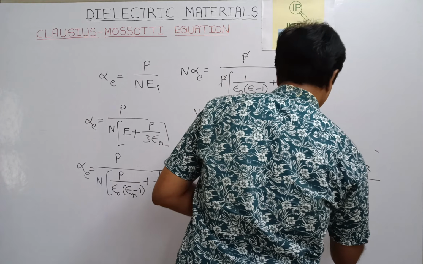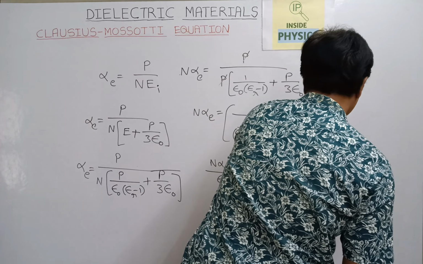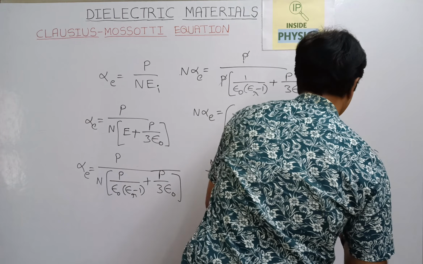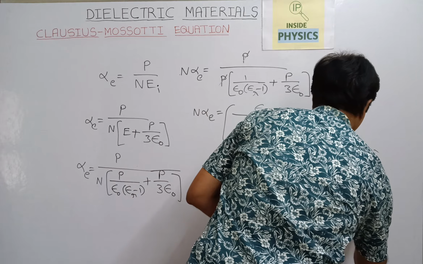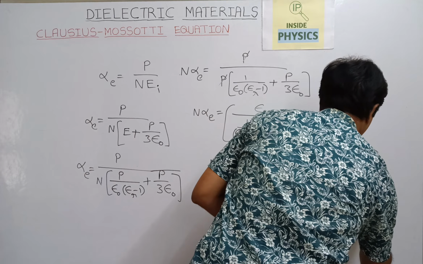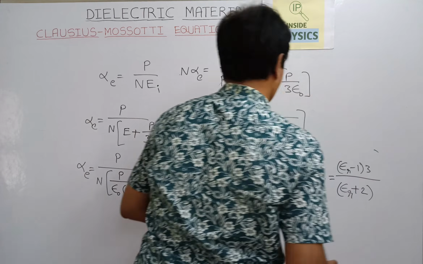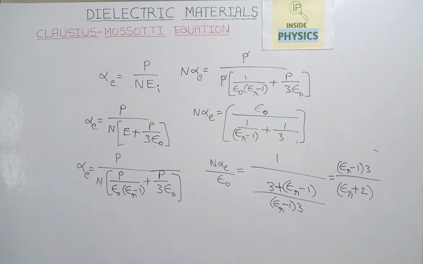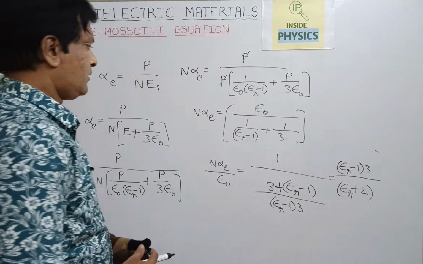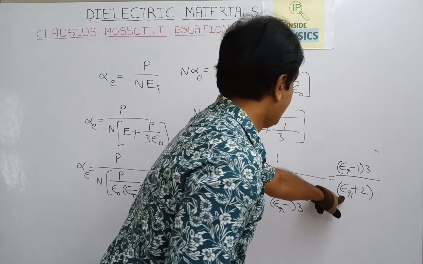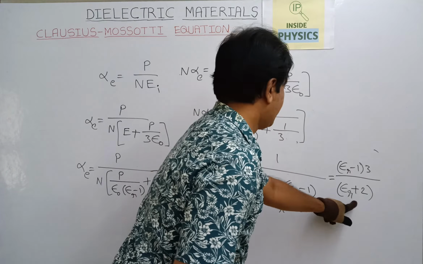Okay, so here I will write epsilon r plus 2. These are the terms. So here this has become like this.